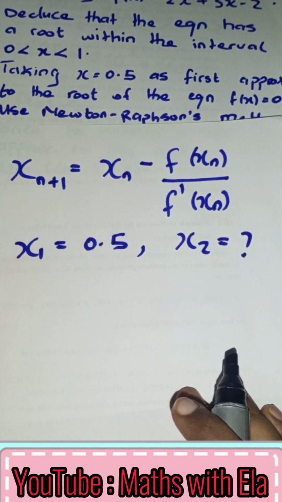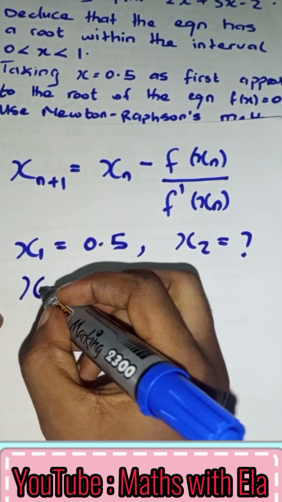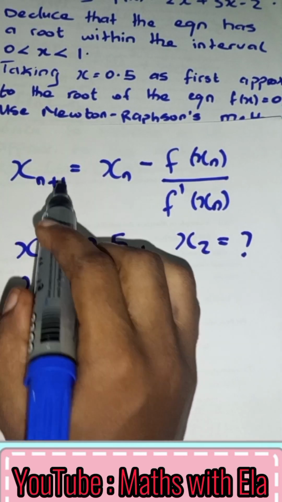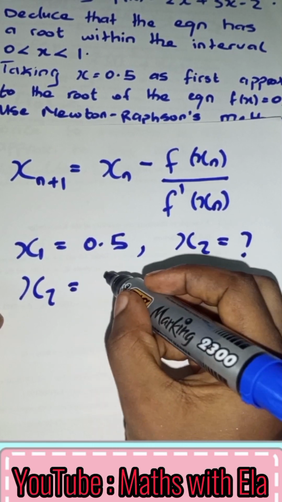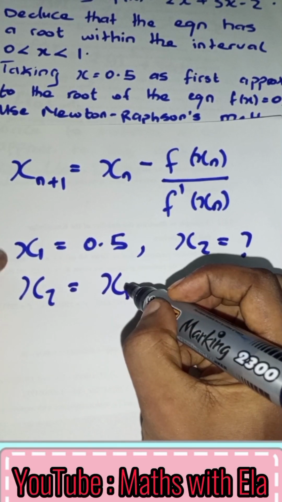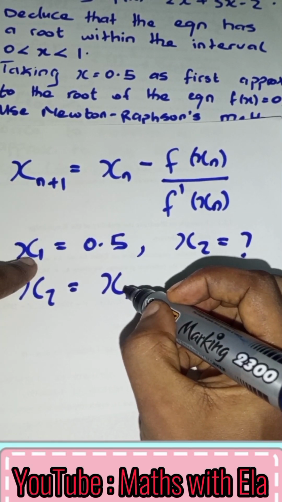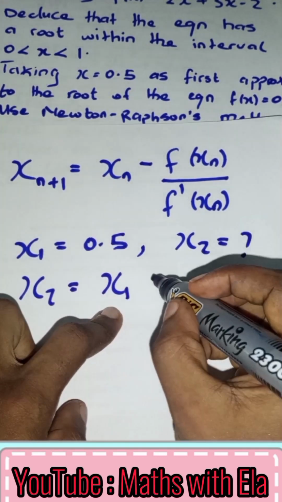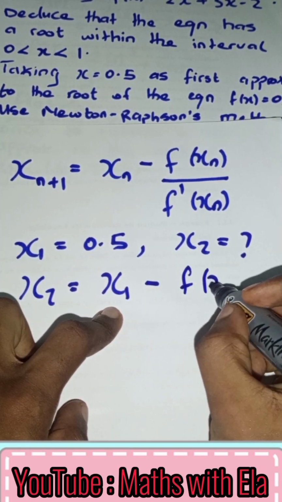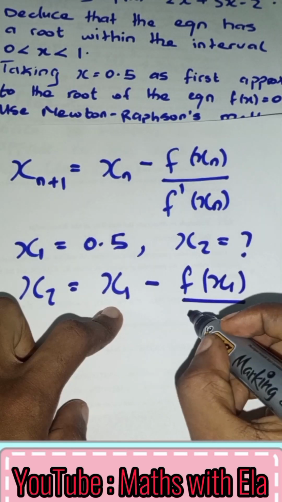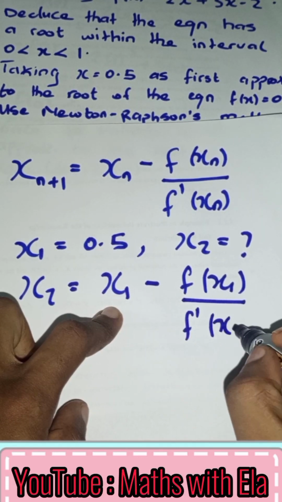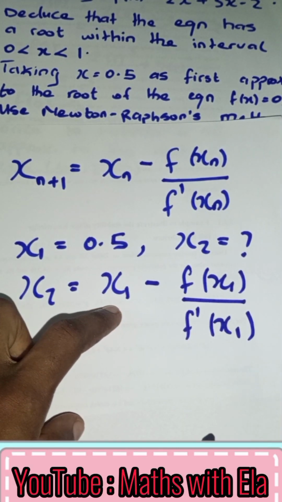So going by this formula, x2, because 1 plus 1 is 2, will be equal to x1, our n in this case is 1, minus f at x1, all this over f prime at x1.